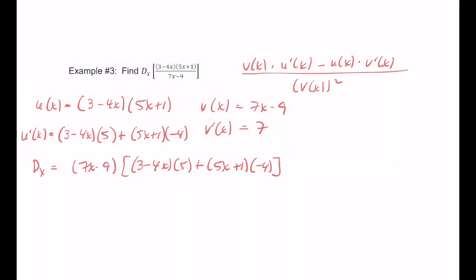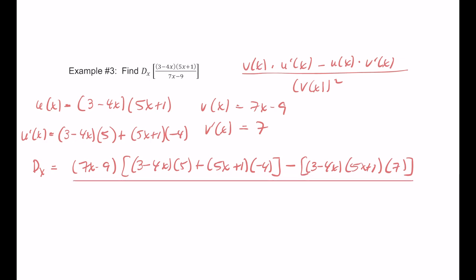And then it's minus u of x times v prime of x, and then all over v of x squared.